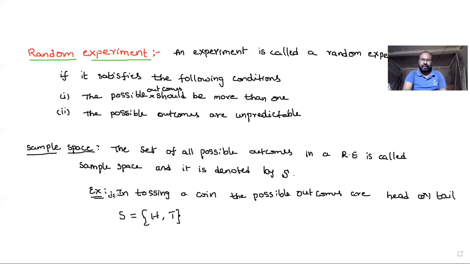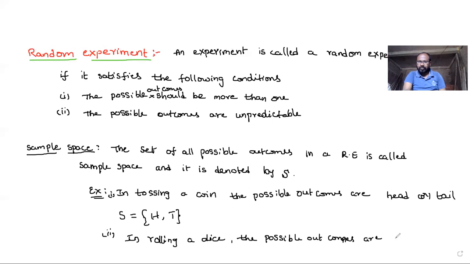You can see another example. In rolling a die, the possible outcomes are 1, 2, 3, 4, 5, 6.